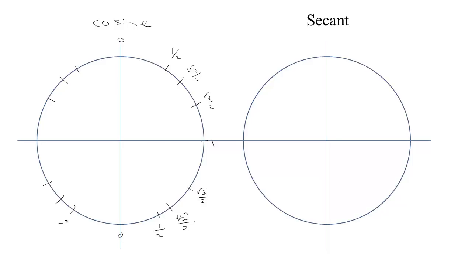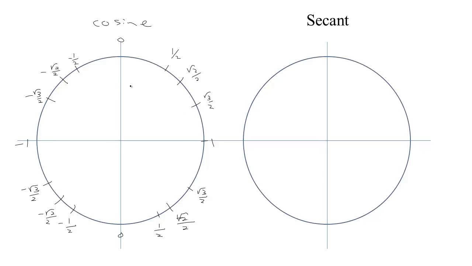And now these ones are negative. Negative square root of 1 over 2, negative square root of 2 over 2, negative square root of 3 over 2, negative square root of 4 over 2. Back to negative square root of 3 over 2, negative square root of 2 over 2, and negative square root of 1 over 2, and to 0.